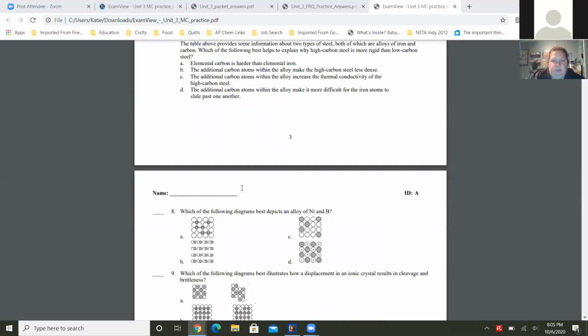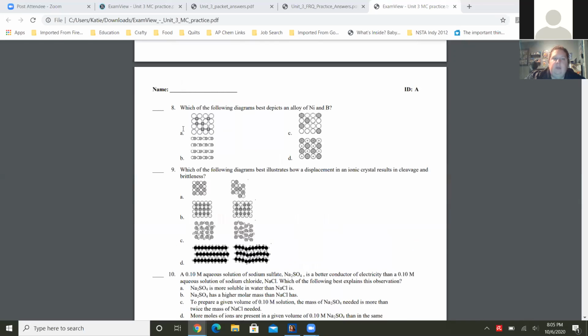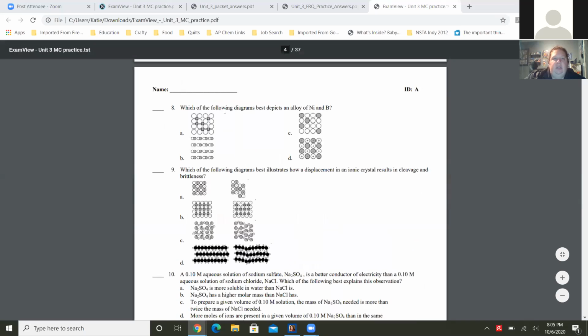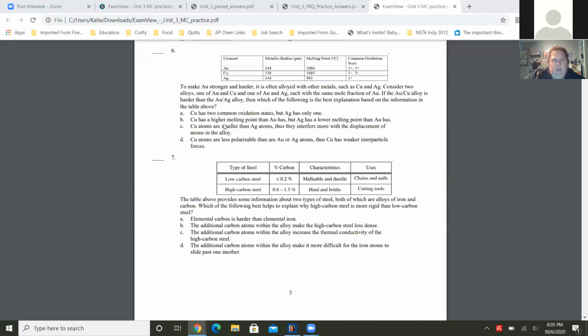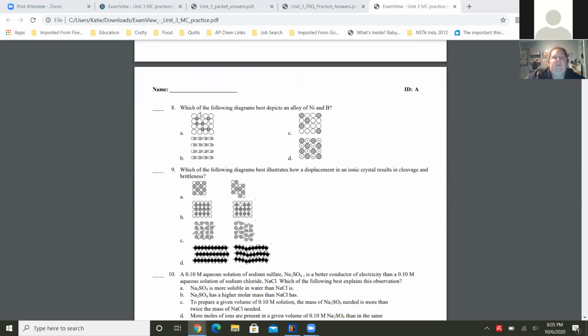Let's see if we can find a picture somewhere that shows something like this. If you flip the page real quick and look at number 8, this picture from A would be similar to what would be happening. Where those larger atoms would be, is it silver? No, gold. So those larger atoms would be gold and those smaller atoms would be copper.